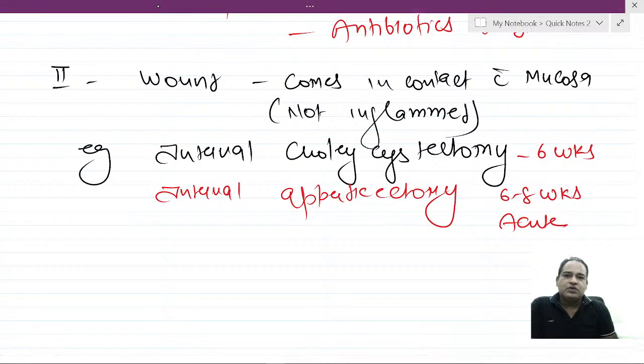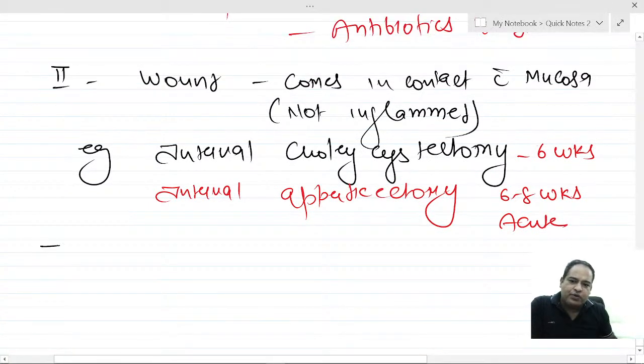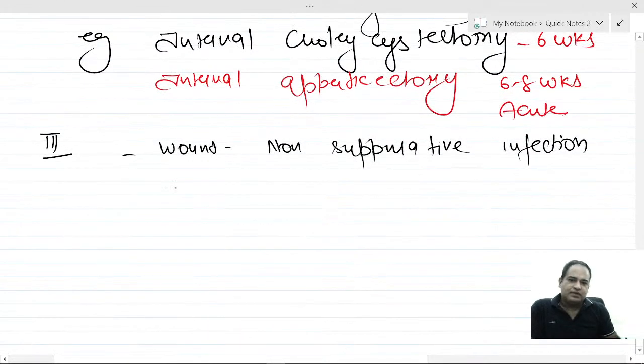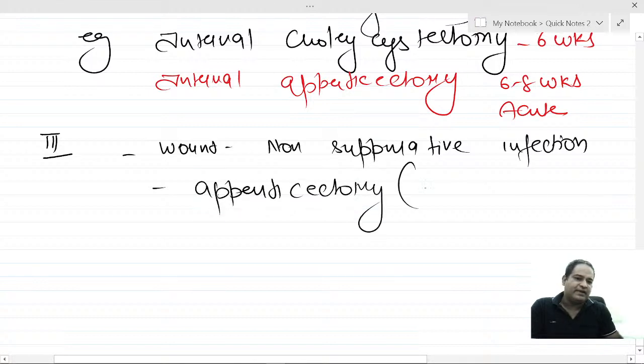Fine. Now, some of you might want to differ from me over here. So, type 3, when the wound touches non-suppurative infection, fine, that includes the appendicectomy in case of acute appendicitis.